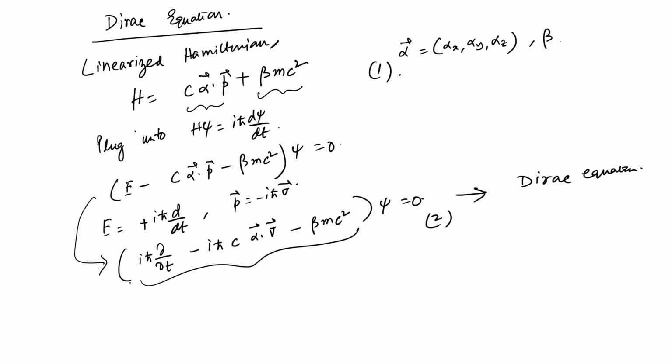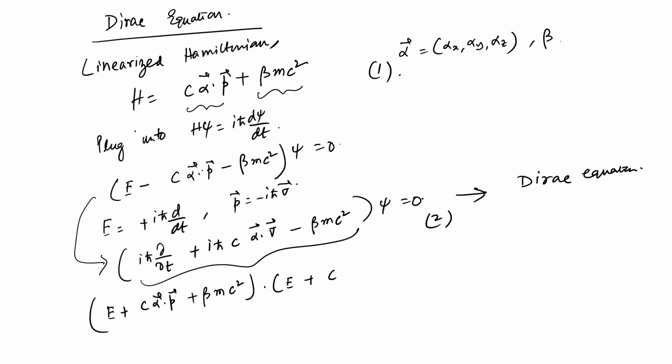So, we operate on this equation with what is underbraced here, and that gives us E plus c alpha dot P plus beta m c square, operating on E minus c alpha dot P minus beta m c square, acting on psi, equal to 0. I am writing the equation from one step above.